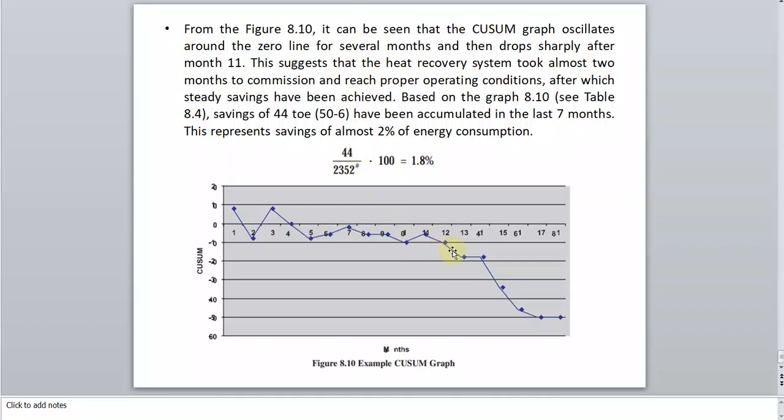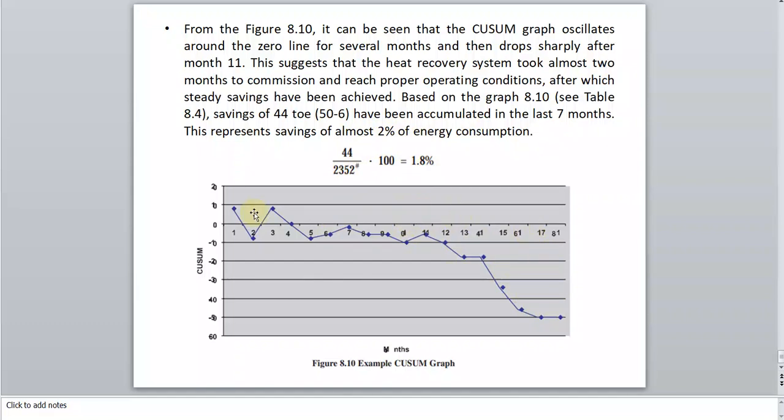Okay, after which steady savings have been achieved. Now if you can see the approximation, total 1.8% or approximately 2% of energy consumption is there. Okay, in the last 7 months after the month of 11, from 11 to 18.